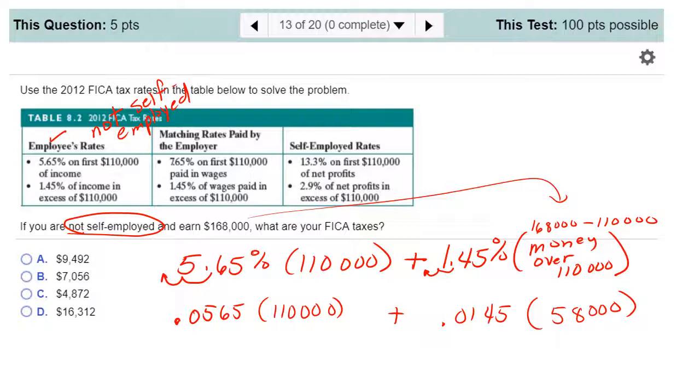Now let me go ahead and calculate this with a calculator because that will be the easiest since we are dealing with so many decimals. So I have my 0.0565 times 110,000 plus 0.0145 times 58,000, and I end up with $7,056. That would be the FICA taxes, answer B.